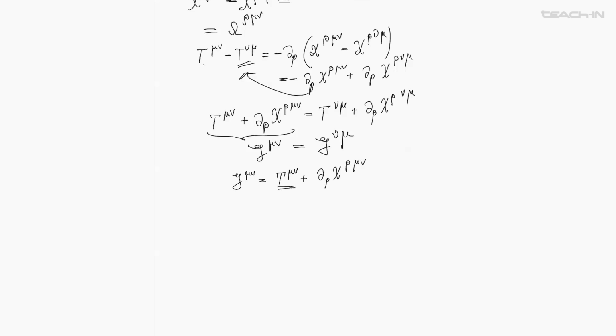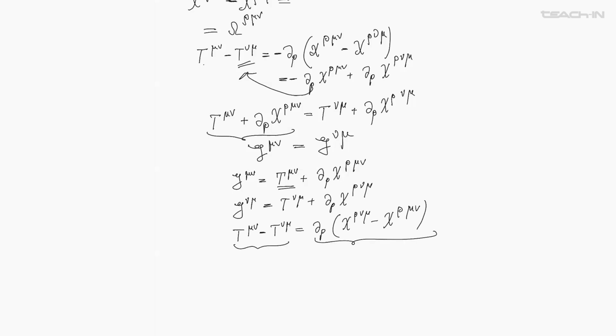But then it automatically follows that the antisymmetric part of T mu nu is a total divergence, because you take T nu mu, and this is T nu mu plus d rho chi rho nu mu. You subtract from the first expression the second one, and you get T mu nu minus T nu mu equals d rho of chi rho nu mu minus chi rho mu nu, which shows that indeed the antisymmetric part is a total divergence.